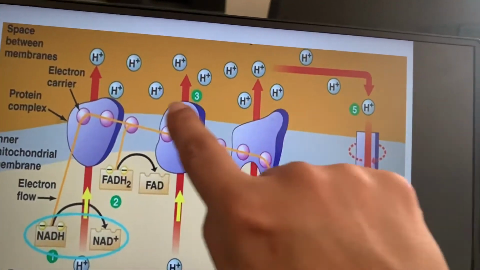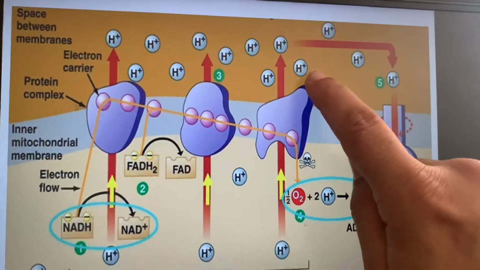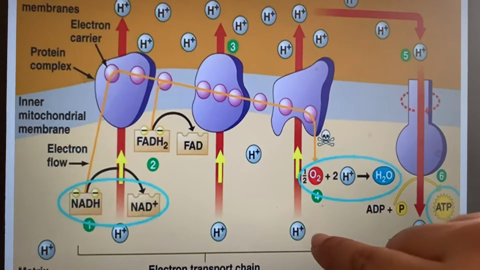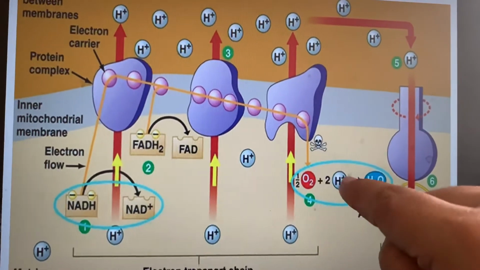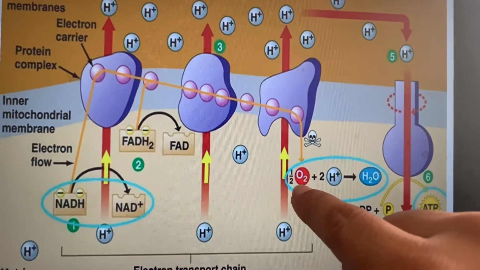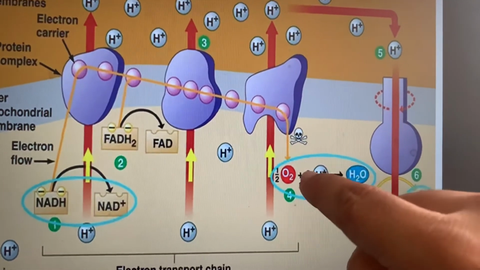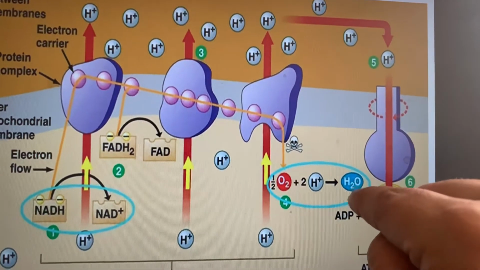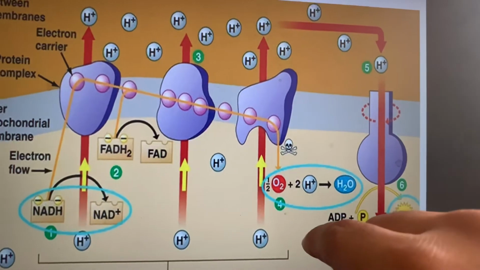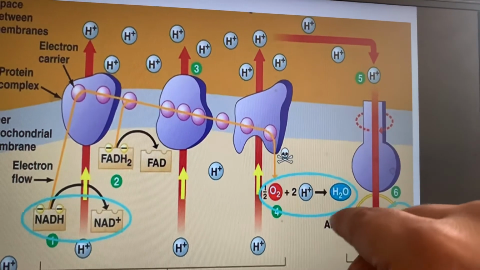You see here the H positive ions are in abundance compared to the inside of the mitochondrial membrane. Finally, in the presence of oxygen and protons, these electrons help in the formation of water. This is the only step during the whole respiratory mechanism where water is produced.